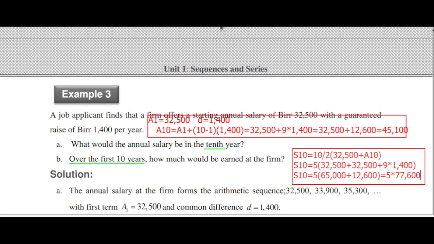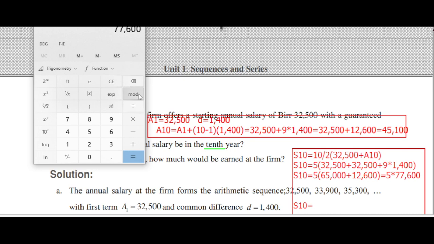So finally S10 is equal to, let's multiply this 5 times 77,600, which is equal to 388,000.